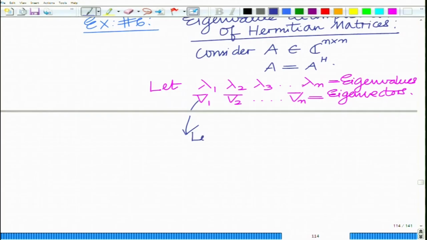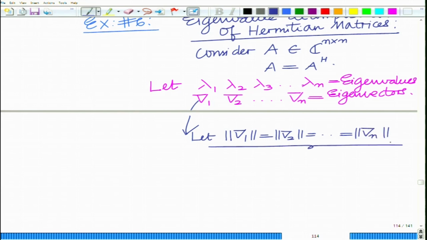So, let norm V1 bar equals norm V2 bar equals norm Vn bar equals 1. This implies the eigenvectors are unit norm.